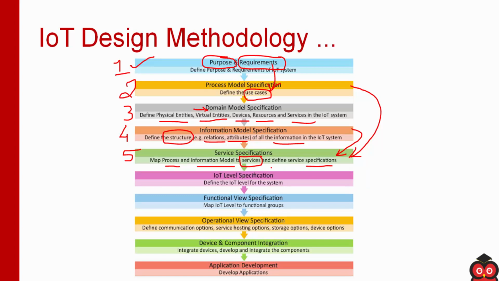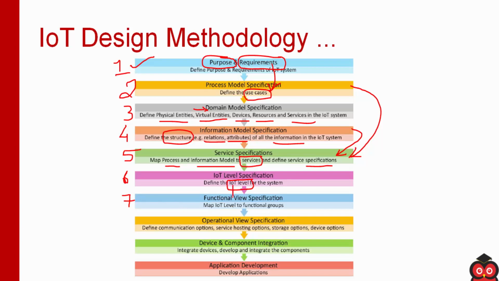Then the next step is IoT level specification. We have different IoT levels, and at this step we define which level we are going to use.